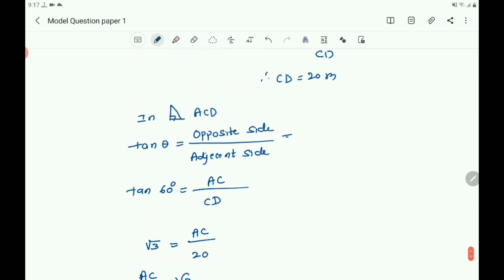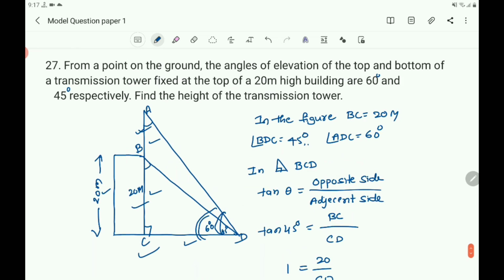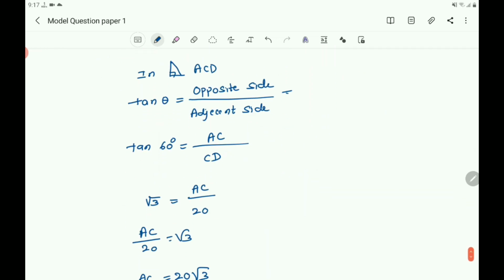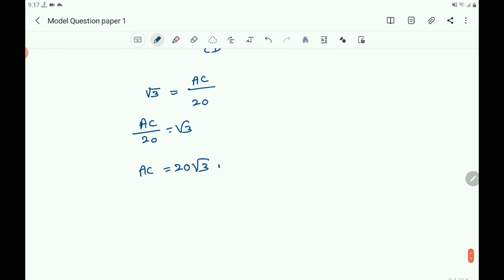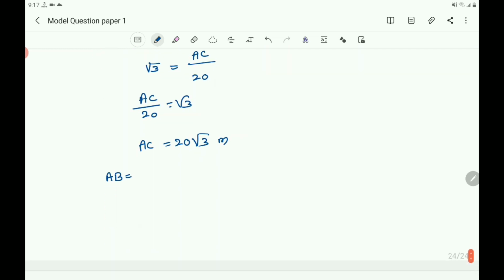That is from the ground. From the ground, the height of the tower is how much? 20 root 3 meter. And AB is equal to what? 20 root 3 minus 20. That is AC minus BC.